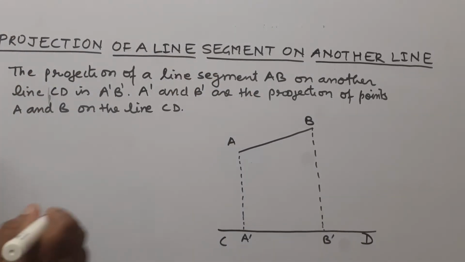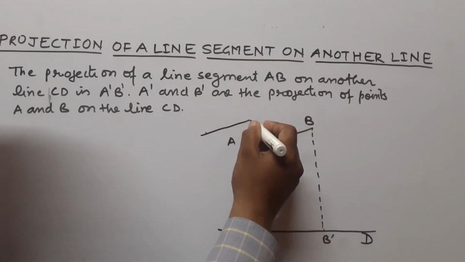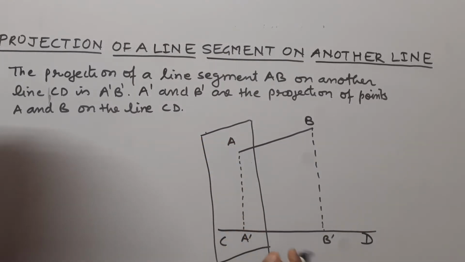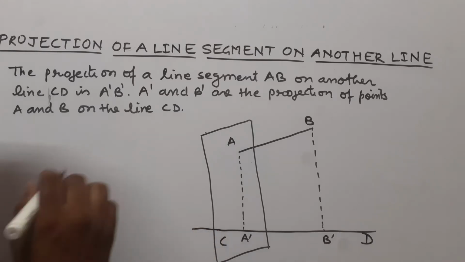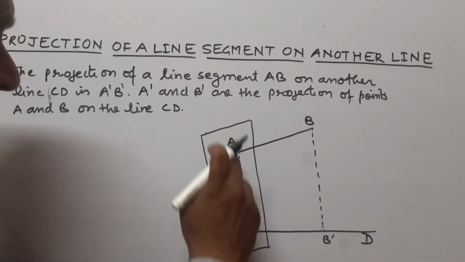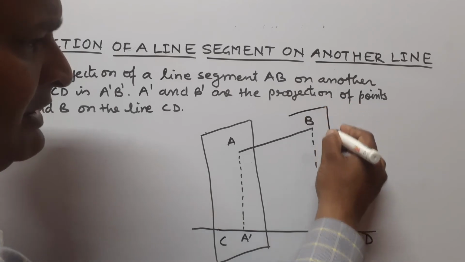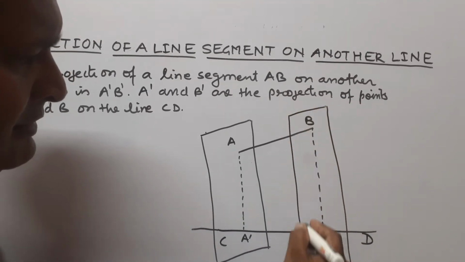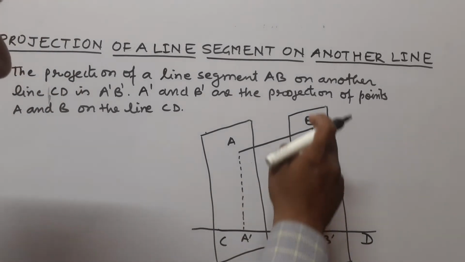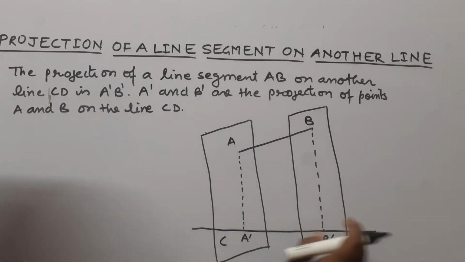Now we know that, suppose that this is the plane, here this point A lies on that plane which is passing through A point and perpendicular to CD. Here we can also see that this point B also lies on that plane which is passing through B point and perpendicular to CD.